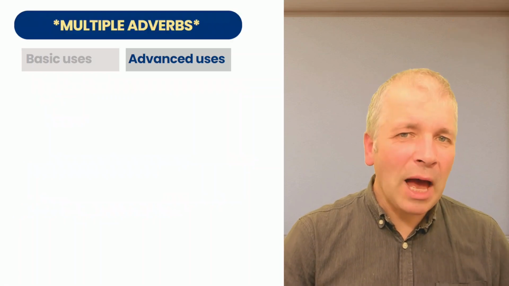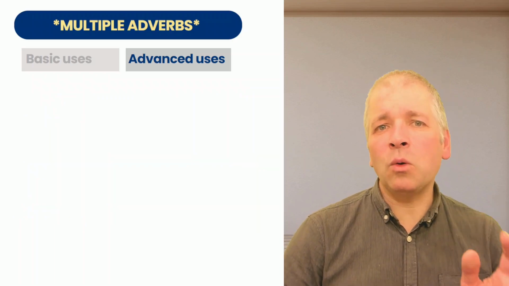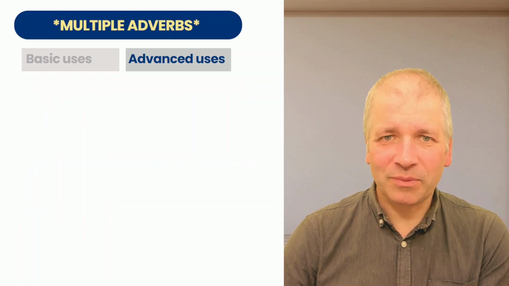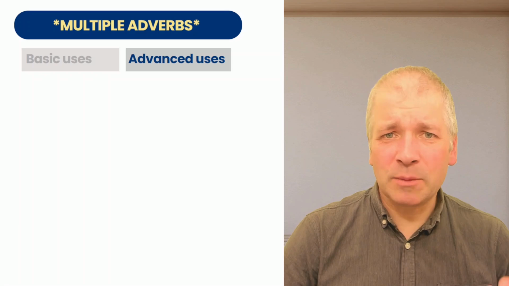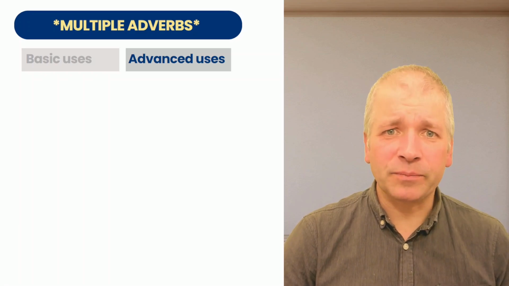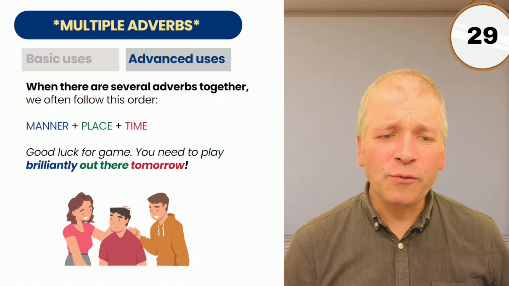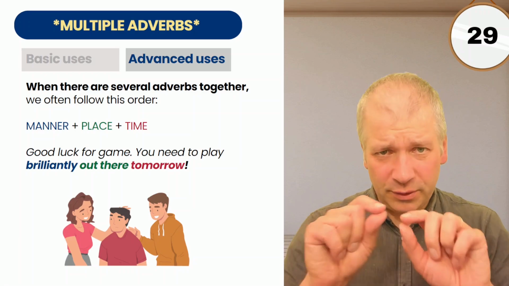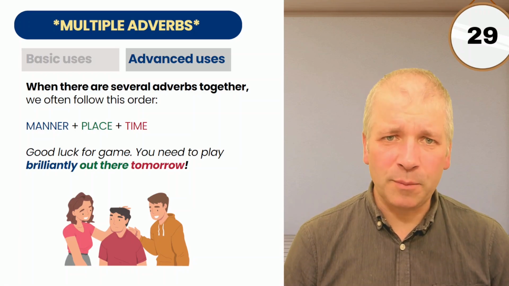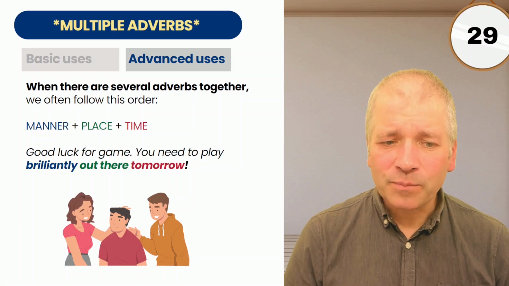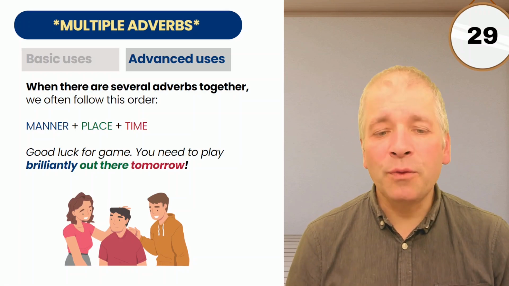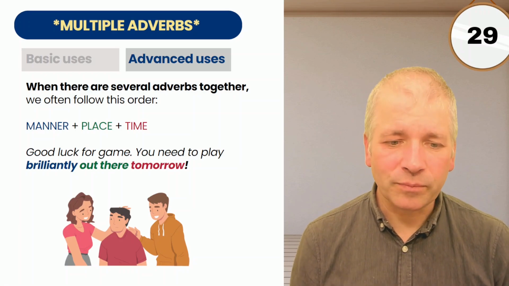Now, what if you have multiple adverbs all next to each other? How do you decide the position for these? When there are several adverbs together, we often follow this order for these 3 types of adverbs. We start with the manner, then we have place, then we have time.